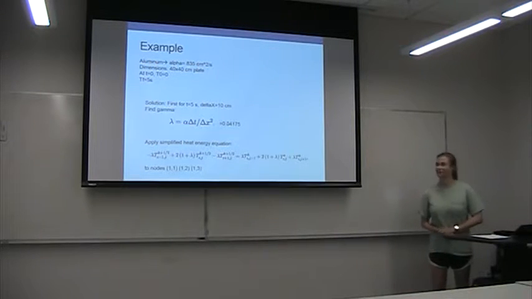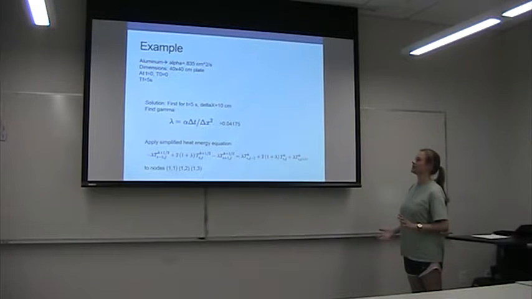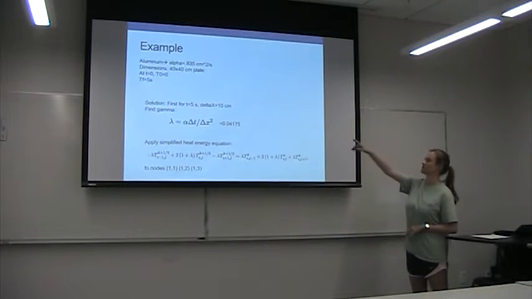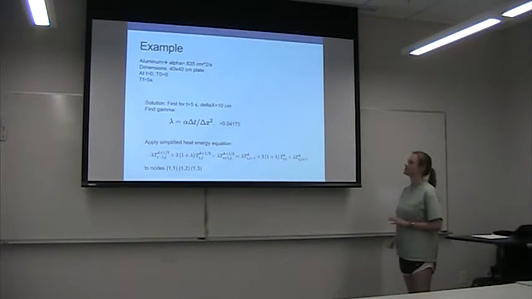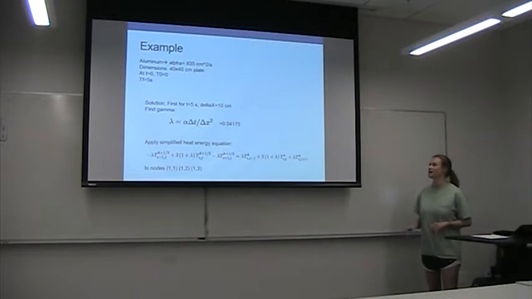So I have an example, and it's an aluminum plate, and they give you the thermal diffusivity, which is 0.835 centimeters squared per second. The dimensions are a 40 by 40 centimeter plate, and they want the estimate for 5 seconds.